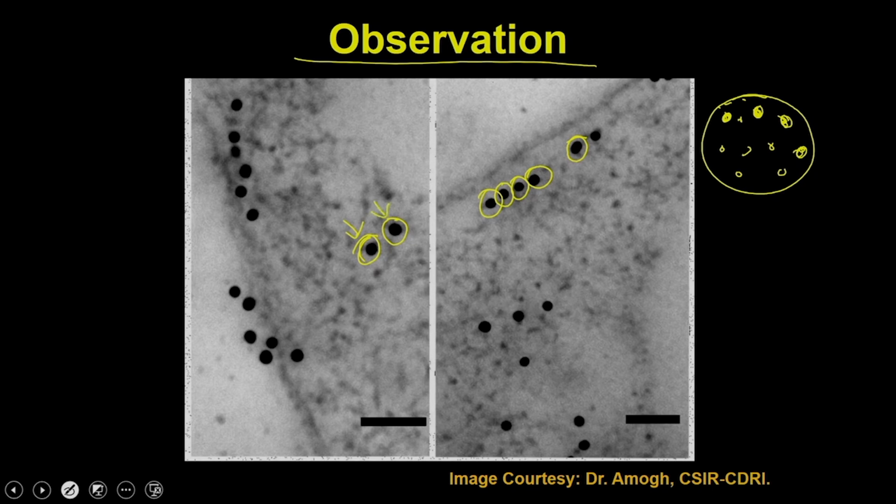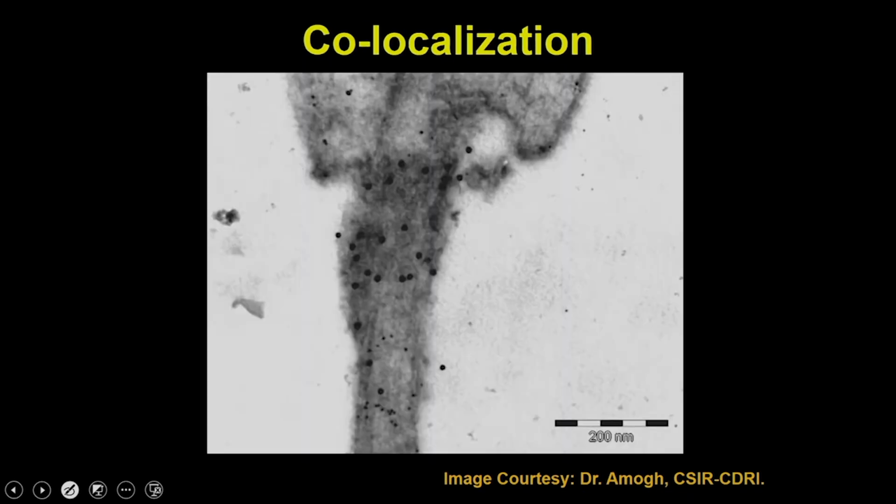If you want, you can see these cells with the help of the uranyl acetate staining, and that is how it will tell you whether these dots are present in the mitochondria or Golgi bodies or endoplasmic reticulum or nucleus and all that. This image was provided by one of my friends in CDRI, Dr. Amog.